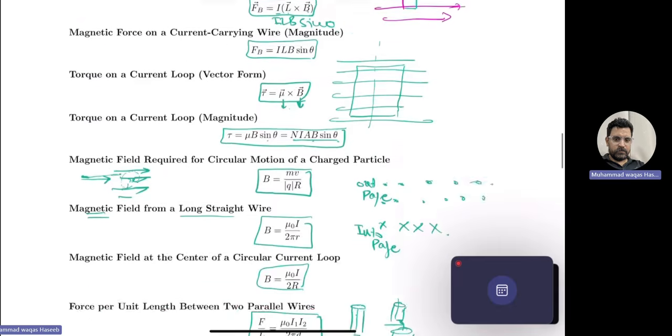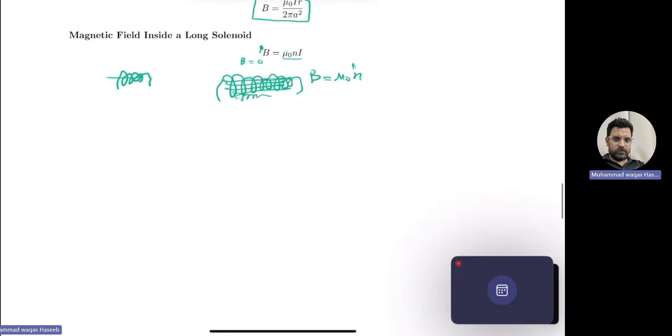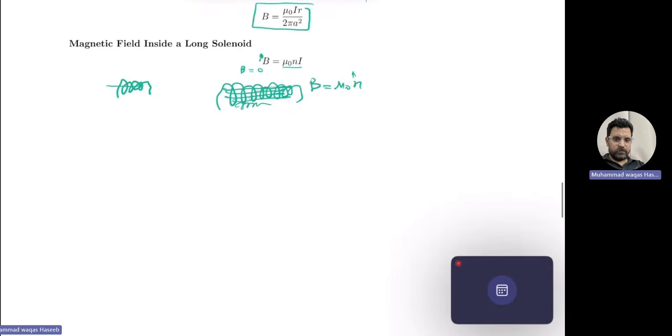So this is the magnetism. You can find the direction of your magnetic field using the right hand rule.